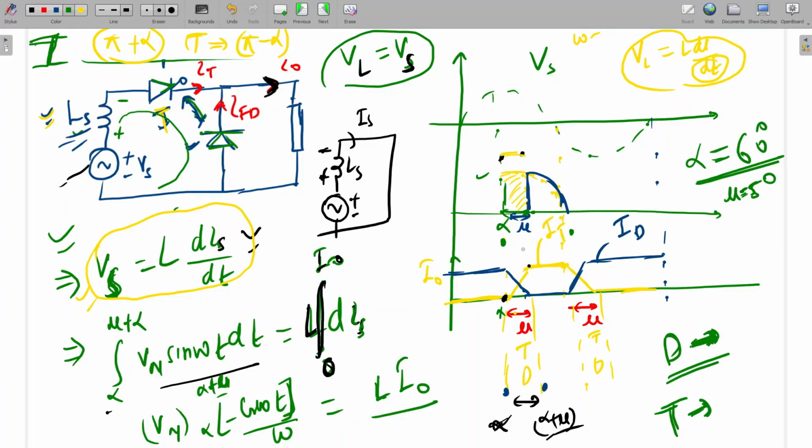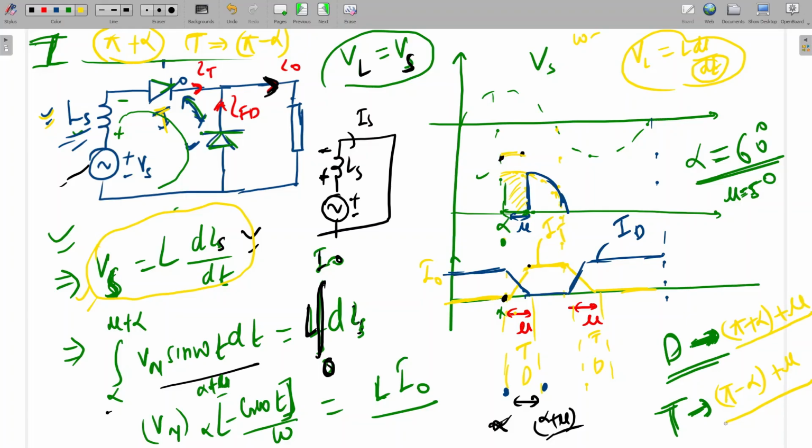But here this extra mu is there. So in both cases we have to add the mu value. So thyristor will conduct for pi minus alpha plus mu, and diode will conduct for pi plus alpha plus mu.